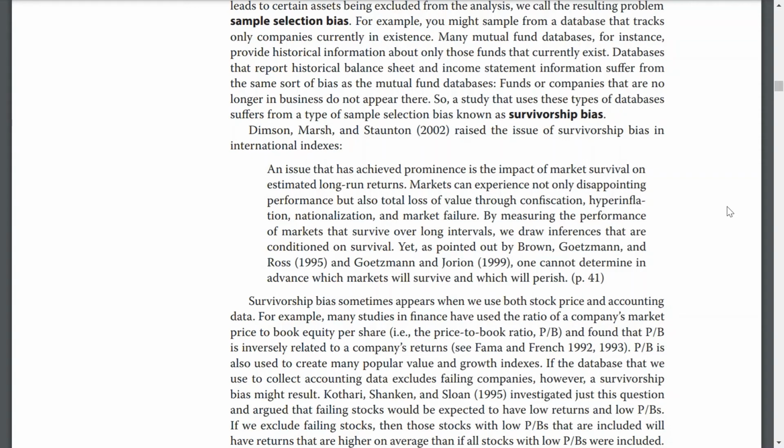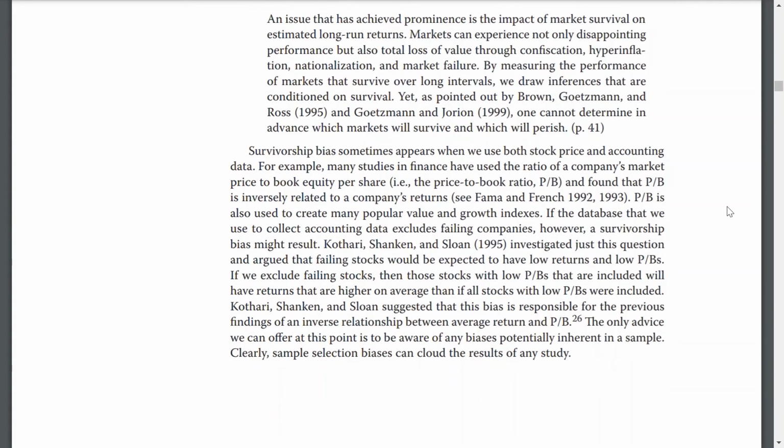Survivorship bias sometimes appears when we use both stock price and accounting data. For example, many studies in finance have used the ratio of a company's market price to book equity per share, i.e. the price to book ratio, or the P/B.